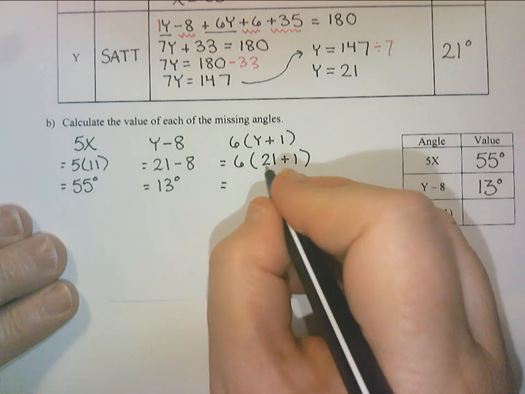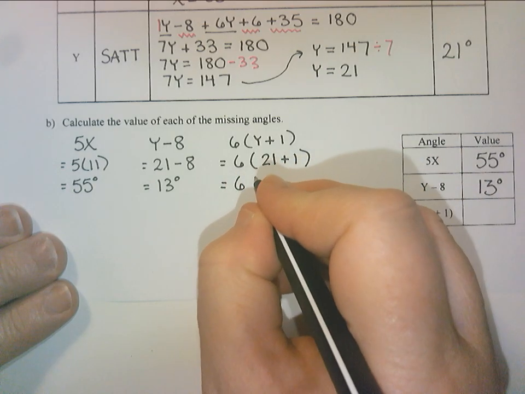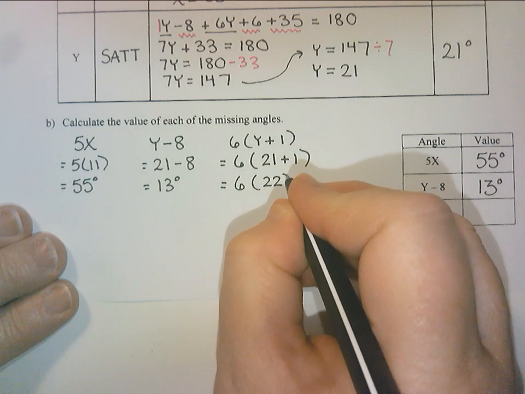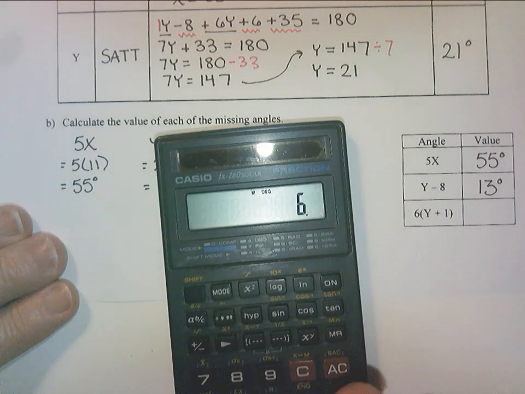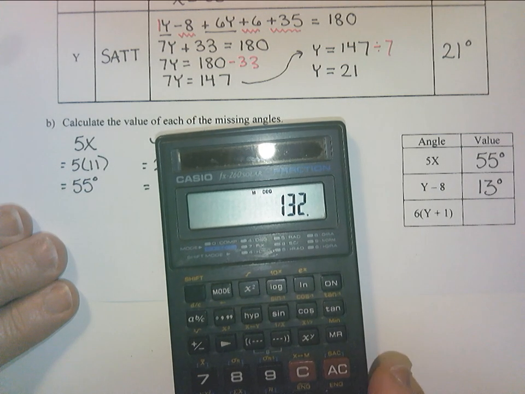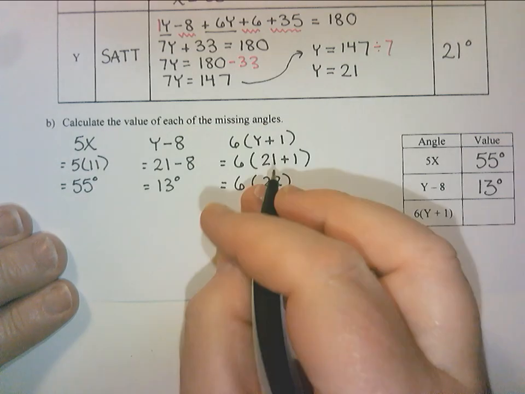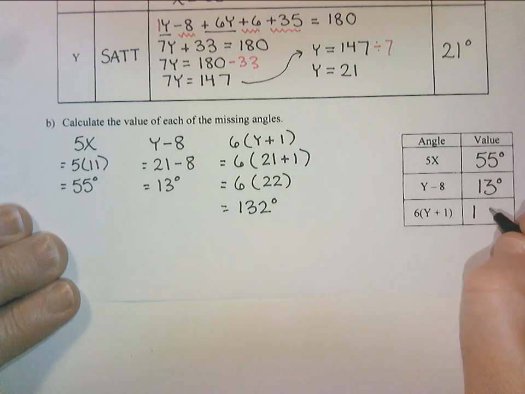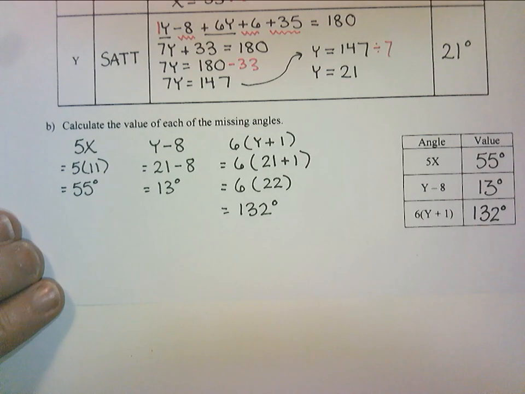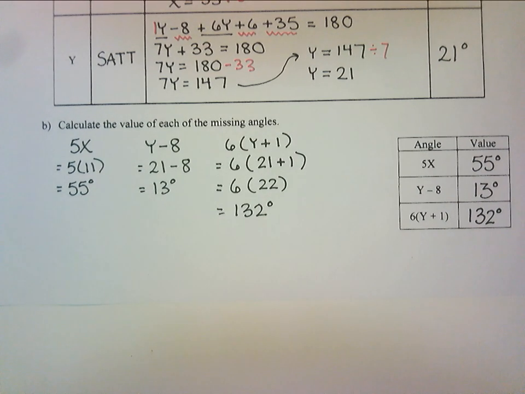So I'm going to add 21 and 1 to get 22. And then 6 times 22 is 132 degrees. So 6 times y plus 1 is actually 132 degrees.